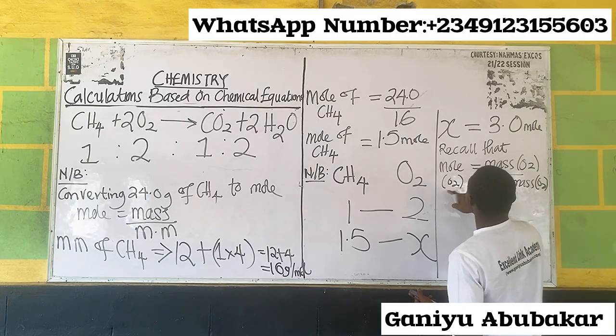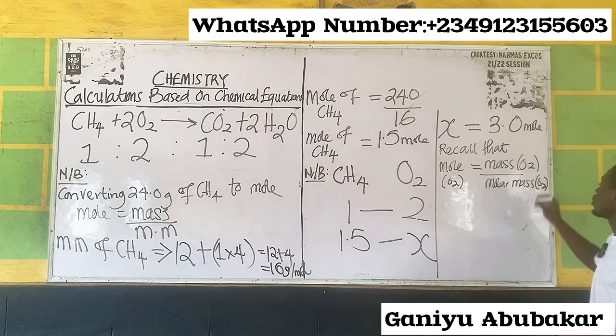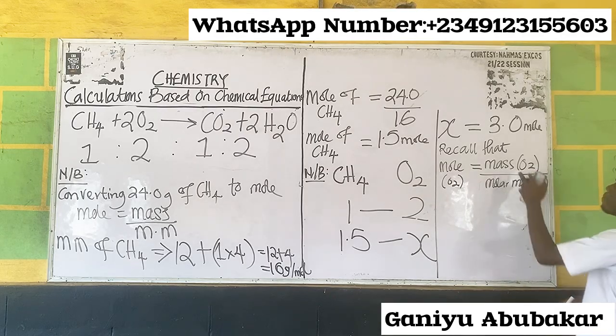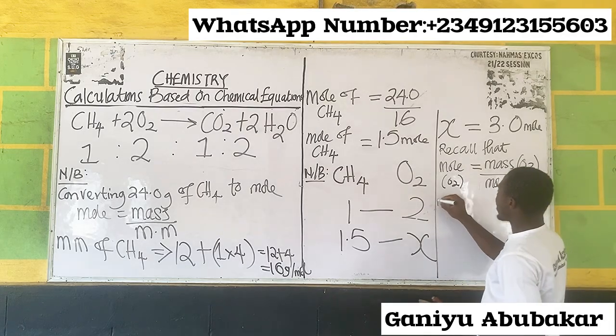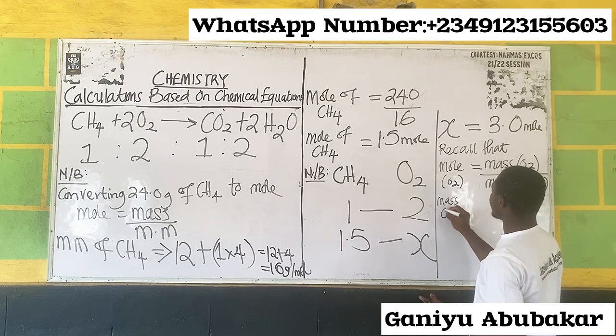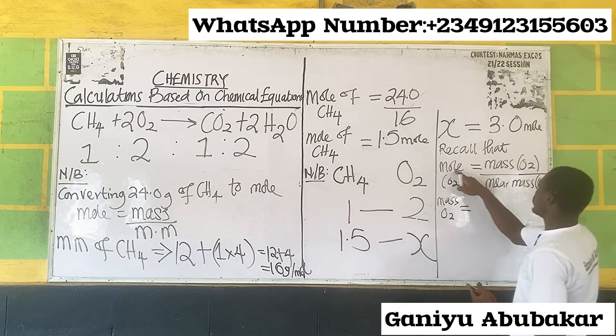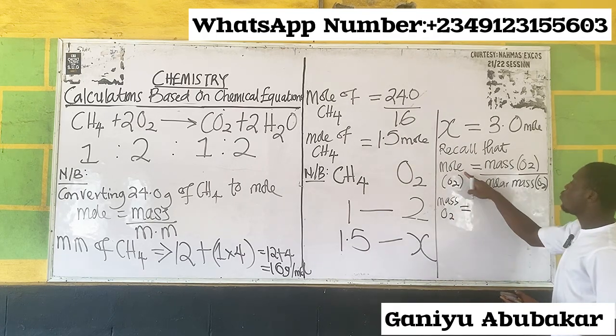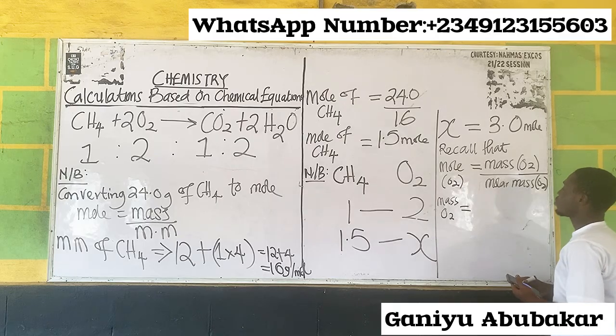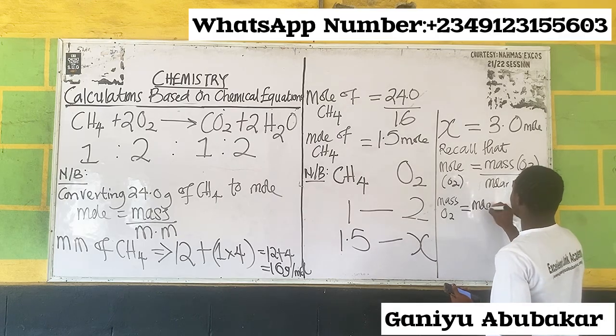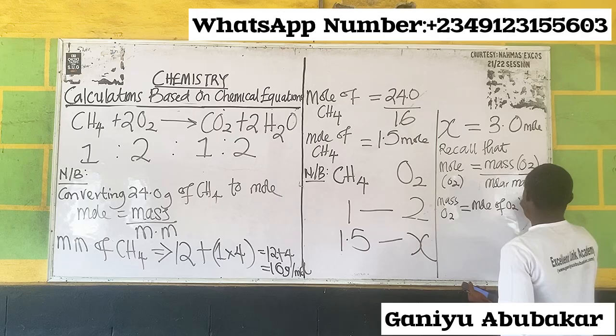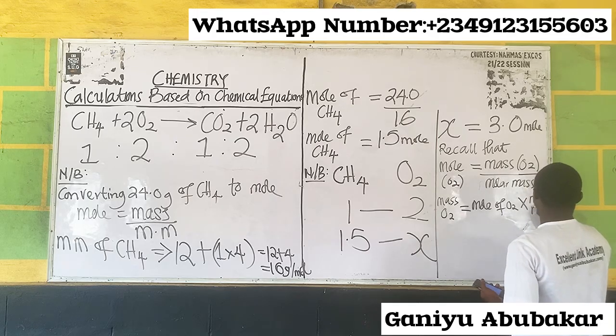Just put everything in terms of O2 because we're dealing with oxygen. Now, the mass of oxygen, O2, will be equal to the product of the mole of oxygen and the molar mass of oxygen.